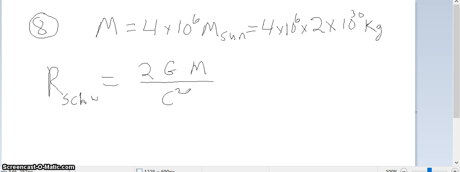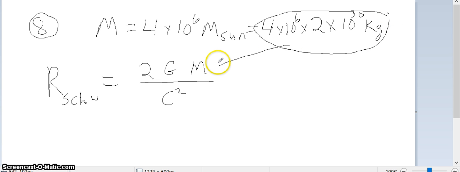Whatever this number turns out to be, you're going to use that as m. And remember the answer comes out in some number of meters. The Schwarzschild radius is in meters.